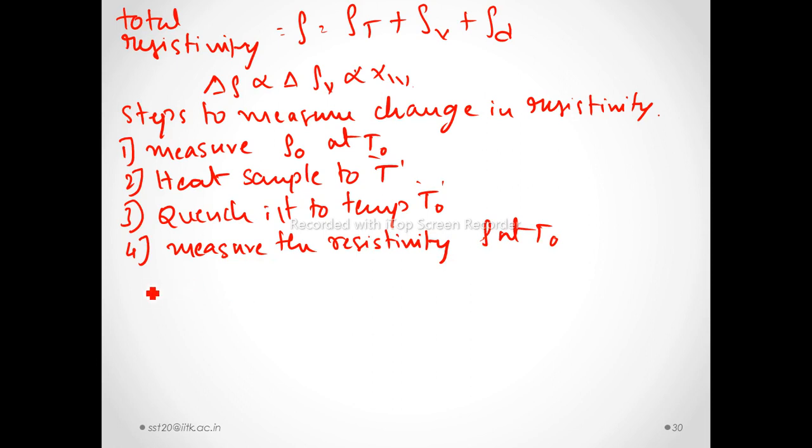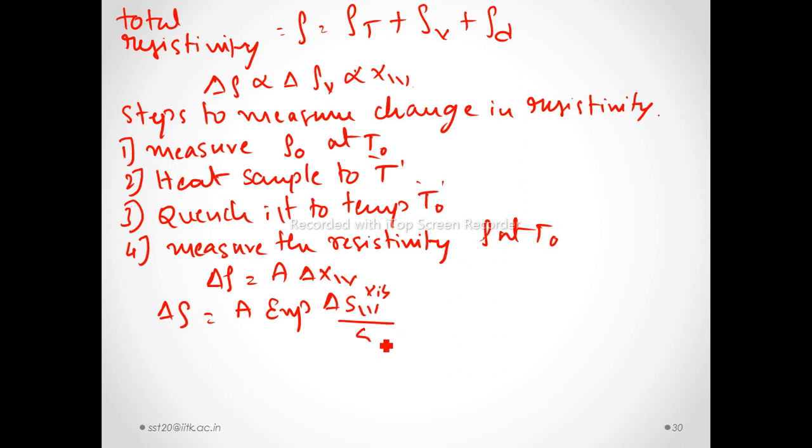Then we will have delta rho equals A times delta x1v, then delta rho equals A times exponential of delta s1v vibration divided by k, exponential of minus delta h1v divided by kT.